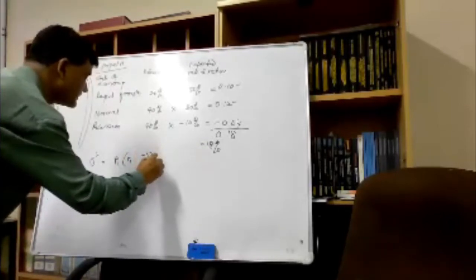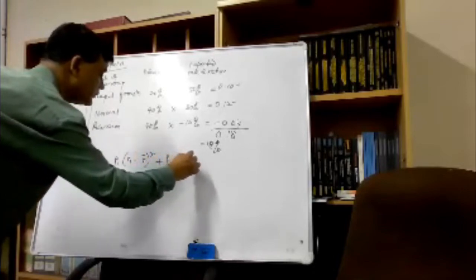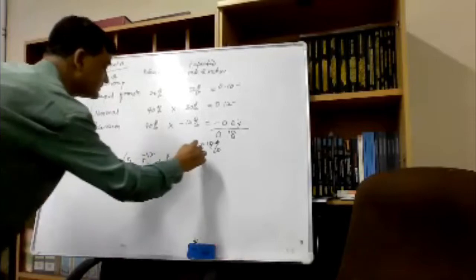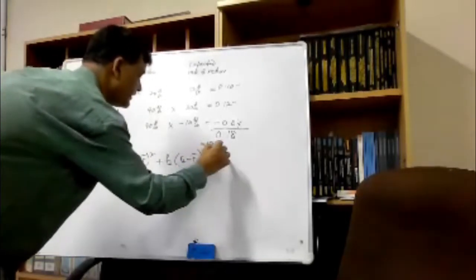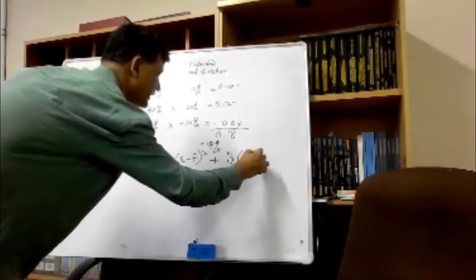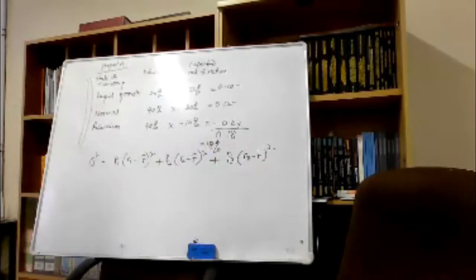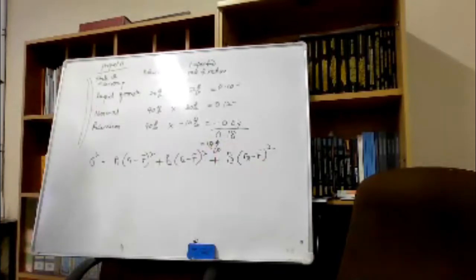It is squared, plus probability 2 into R2 minus R bar squared, plus probability 3 into R3 minus R bar squared. That is the formula that we use to calculate the risks associated with the projects.